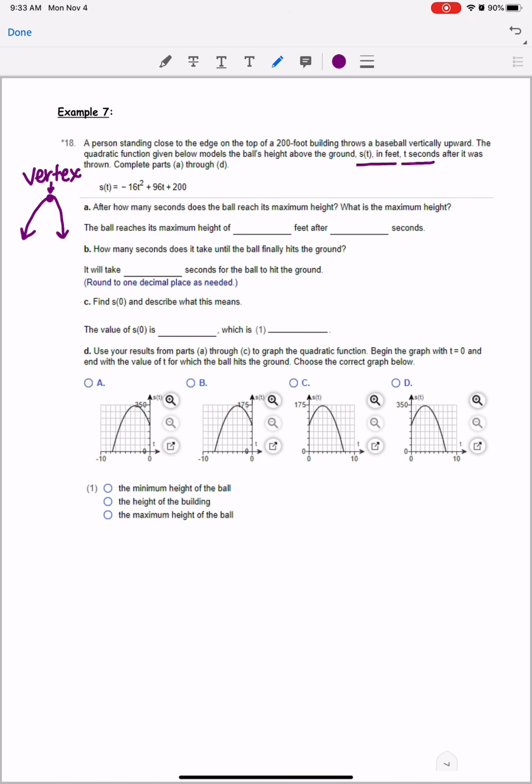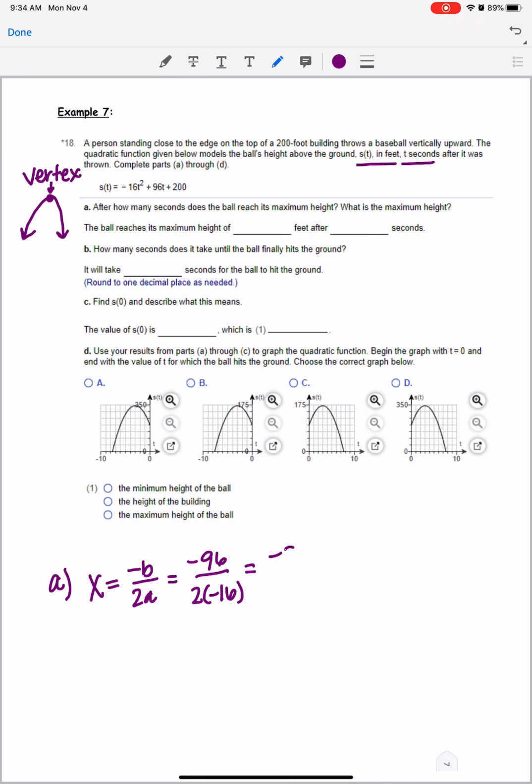So down here on A, to find the vertex, that is our formula of negative b over 2a. So my b is 96, so we've got negative 96 over 2 times my a, which is negative 16.